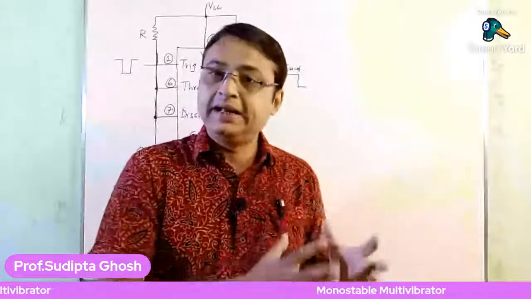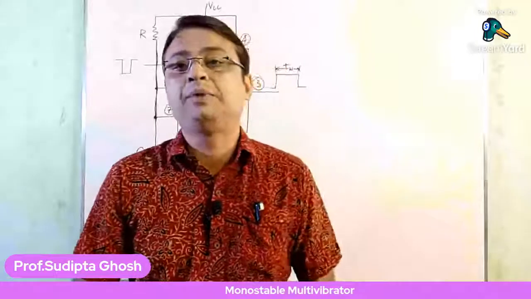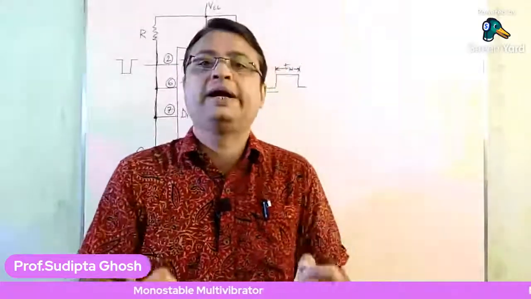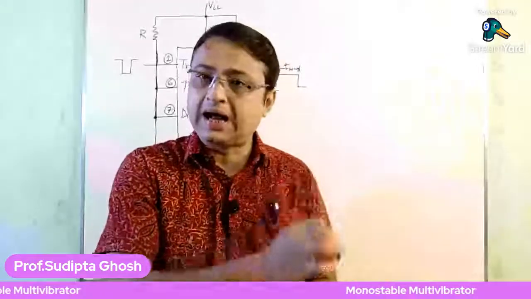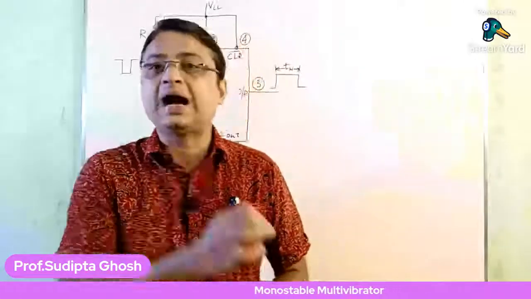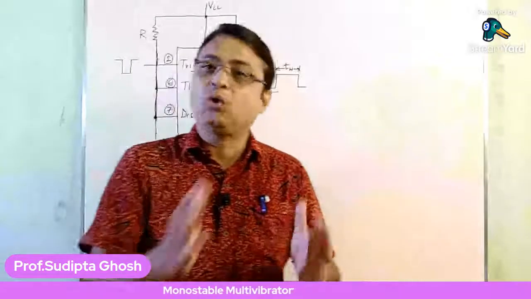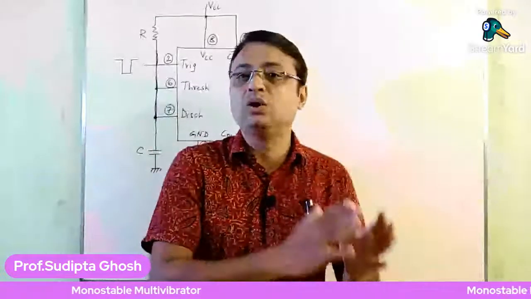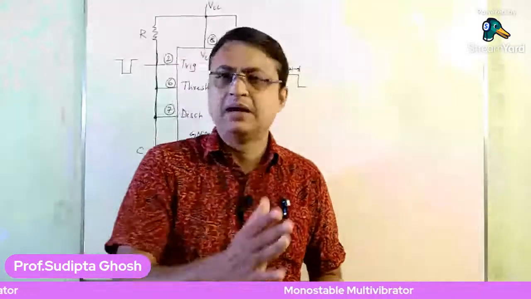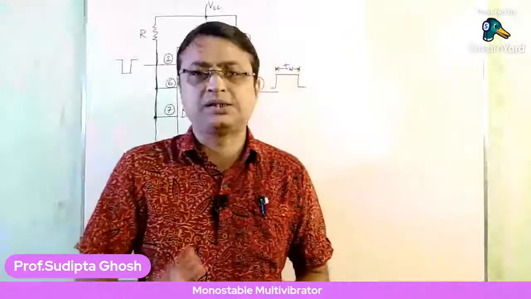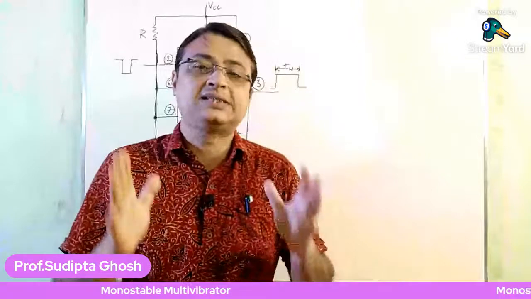Actually, in this monostable multivibrator circuit, we also get a waveform, and that waveform also has a high and a low. But there is only one stable state, and the other state, which may be high or low, is an unstable state.